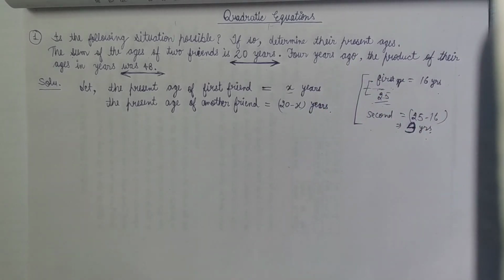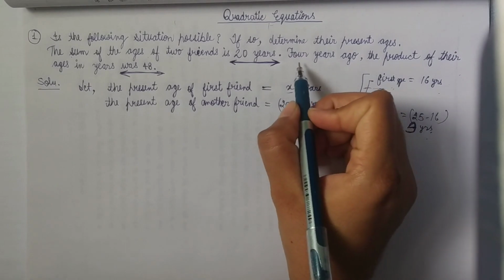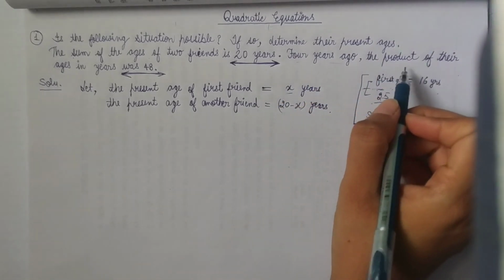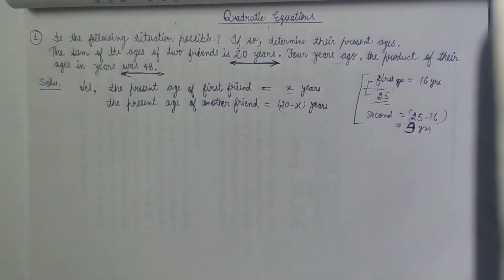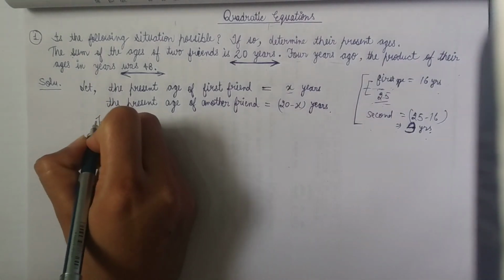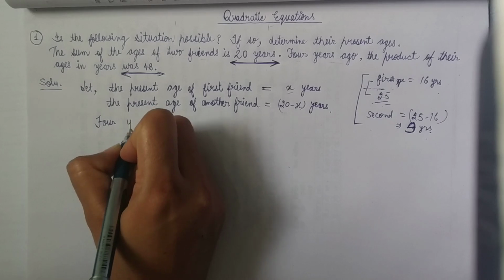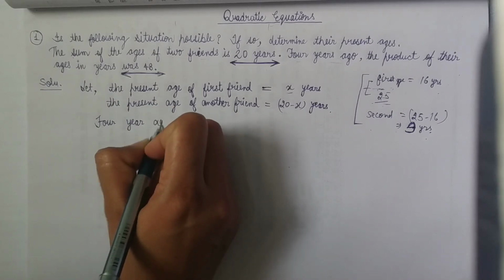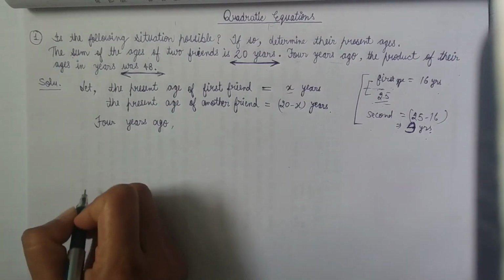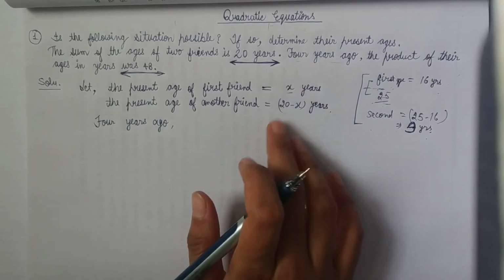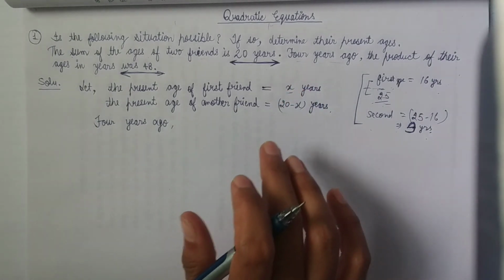So now here a condition: 4 years ago the product of their ages in years was 48. So here we are talking about the situation 4 years ago. 4 years ago, the ages will be 4 years less.